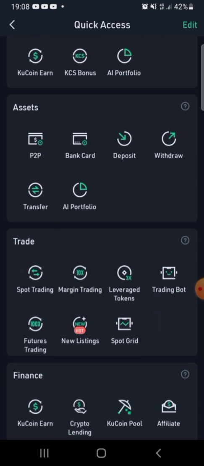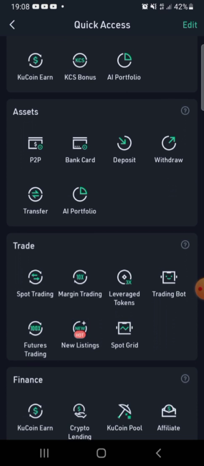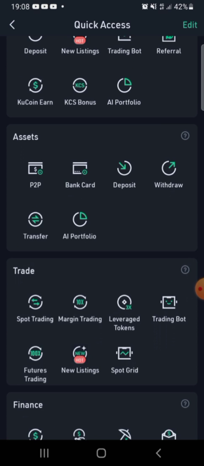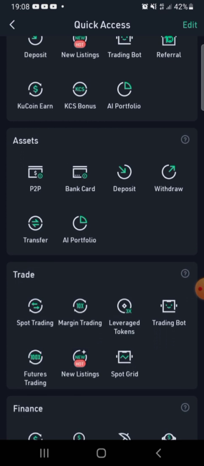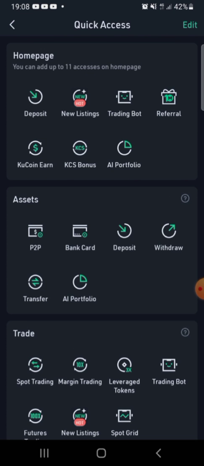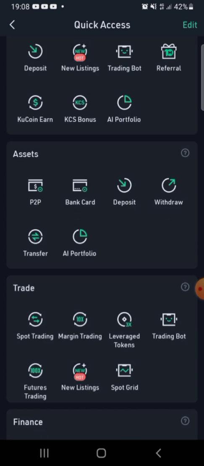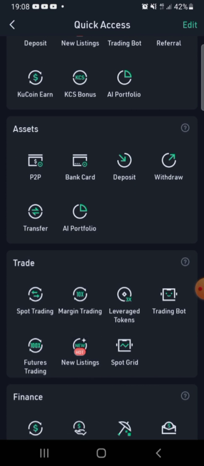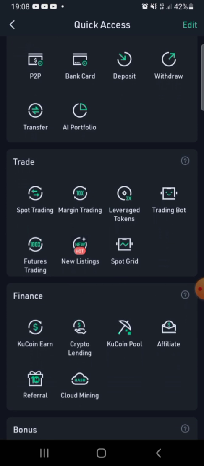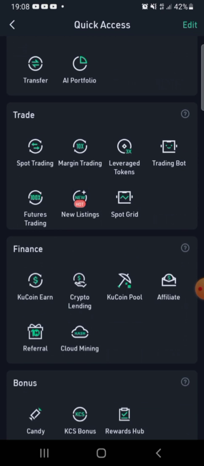But yeah, guys, I basically sent my USDT because that was where I bought my crypto, and then I sent it over here to KuCoin because KuCoin has such a large variety of assets, unlike Altcoin Trader.